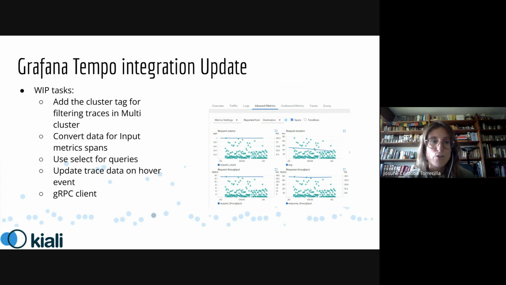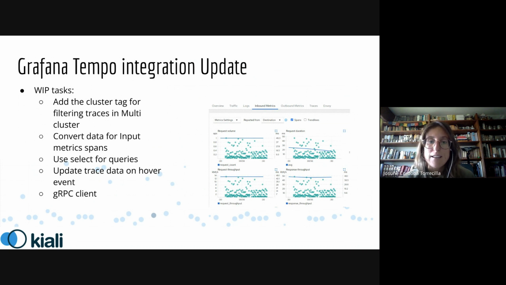For those who didn't know, in Kiali version 1.75 we included support for a distributed tracing tool, Grafana Tempo, in case you wanted to use it instead of Jaeger. We included it with limited support: it includes the HTTP client, no support for gRPC, and Kiali has limited functionality in this first release.